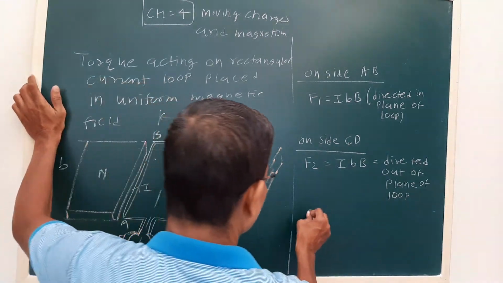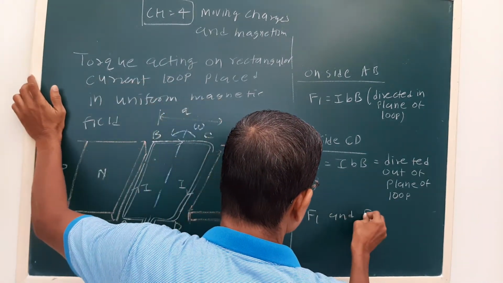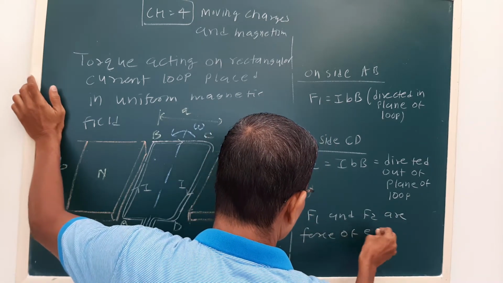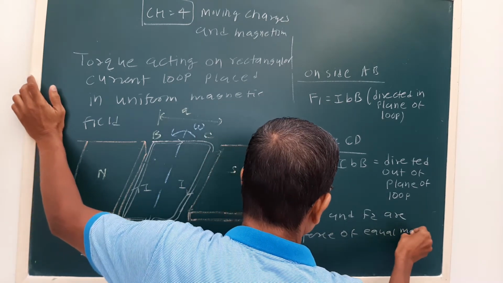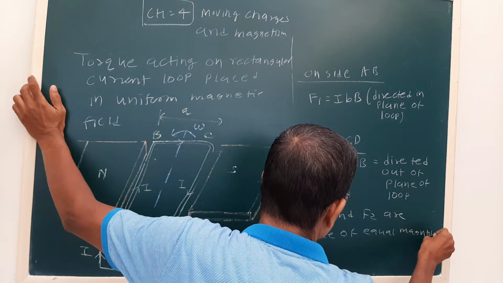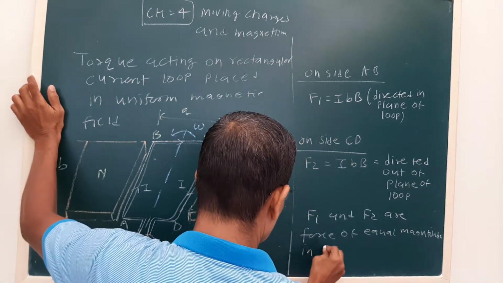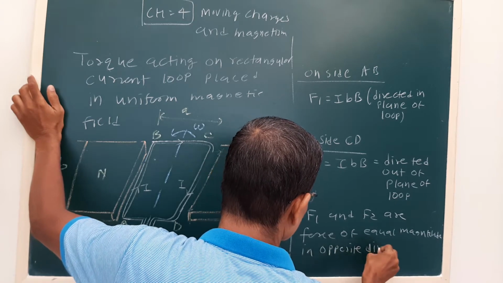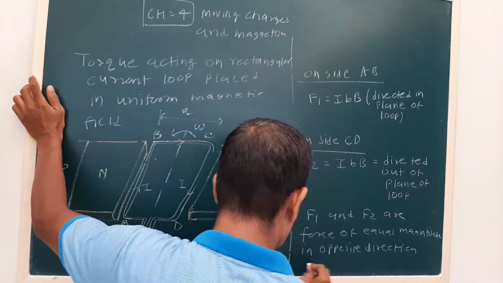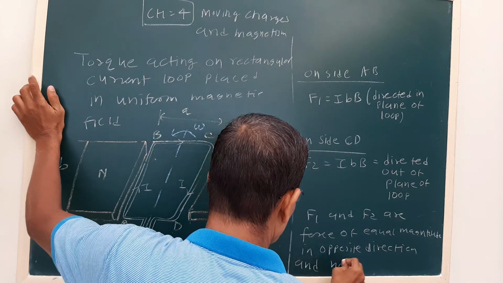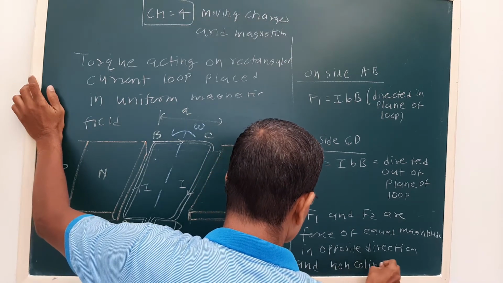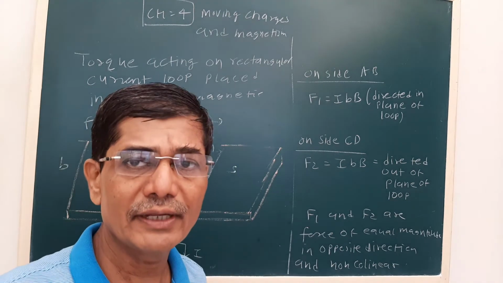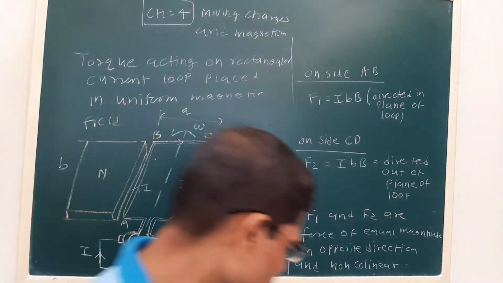So we can write that F1 and F2 are forces of equal magnitude, in opposite direction, and non-collinear.